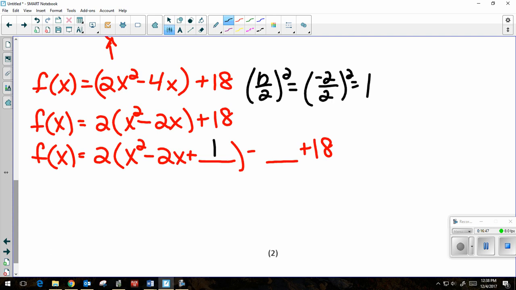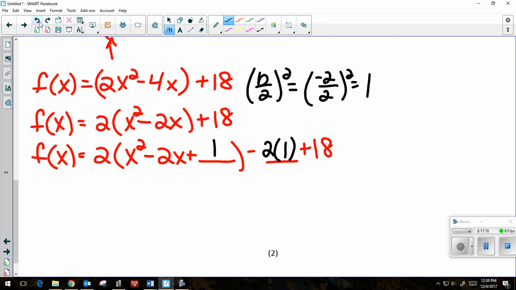So I'm going to put a 1 in my first blank space, except when you do your second blank space, you not only have a 1, but that 1 is really being multiplied by 2. Because if I were to distribute this 2, it would be 2 times 1. So if I'm going to keep it balanced, I have to put in that 2 times 1.